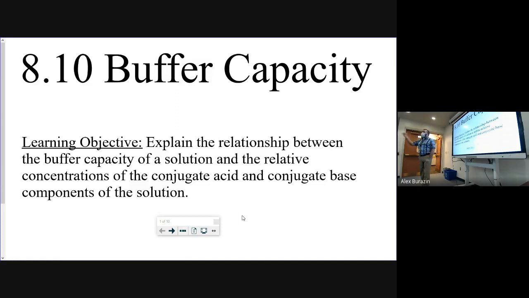If you don't have a buffer, that equation we used yesterday, pH equals pKa plus the log of conjugate base over acid, doesn't serve a purpose. It's really nice when we do have a buffer. It makes life easy. But if we don't have a buffer, we've got to go back to the old ICE table stuff usually.